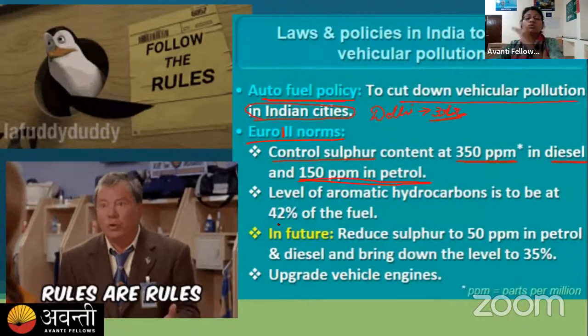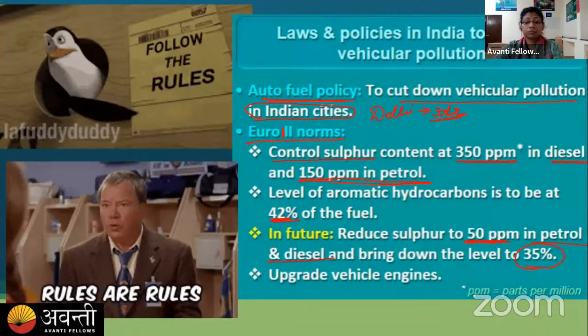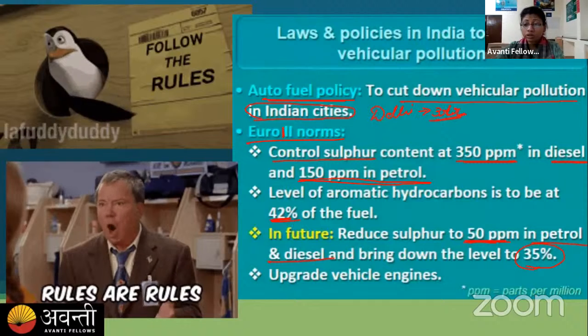So we have to reduce it to at least 42%. The limit which is set now, 350 ppm and 150 ppm, in future has to be reduced to 50 ppm in petrol and diesel, by bringing down the levels to 35%. This is the most required step in our society. And we also need to upgrade our vehicles according to the changing fuels, right?